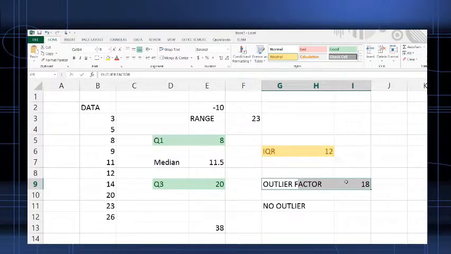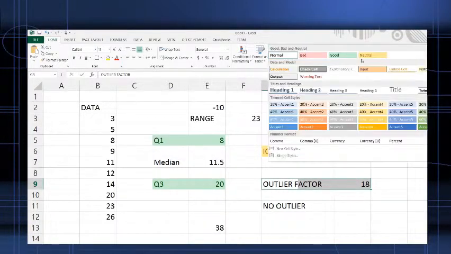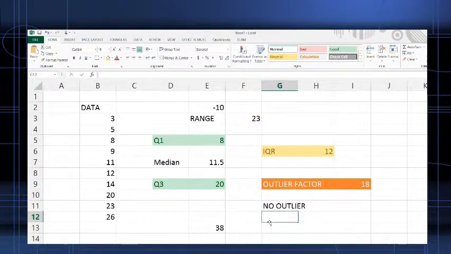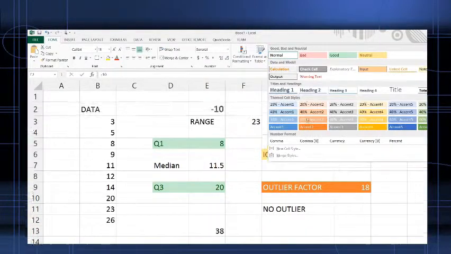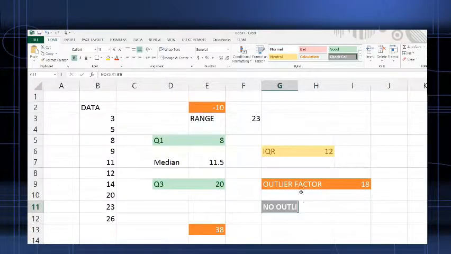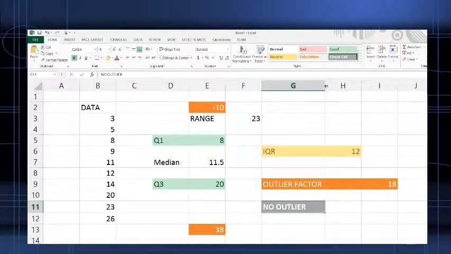You need to find your outlier factor, which we figured out to be 18, and state whether or not there is indeed an outlier. Using that, we figured out that the outlier factor numbers were both -10 and 38, and our numbers were well within those, so we determined that there was absolutely no outlier.